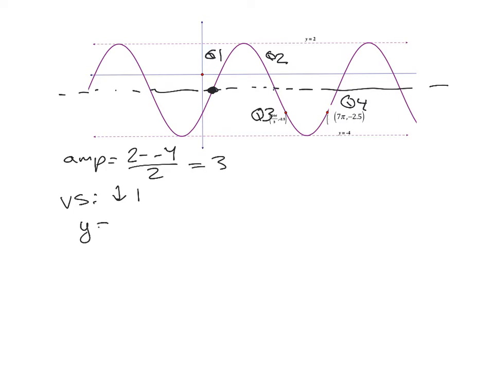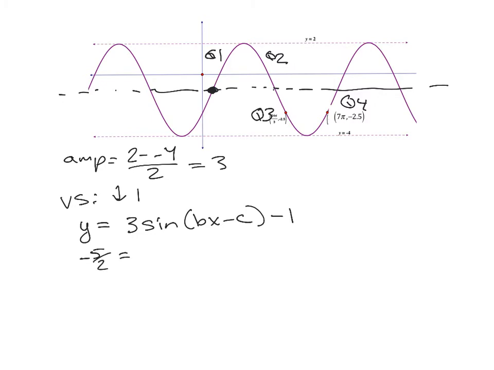Okay, so let's put what we have here. We've got y equals 3 sine, we need to find b and c, and down 1. Okay, so let's plug in the first point, which is 14 pi over 3, comma, negative 2.5. So I'm going to write it as a fraction.